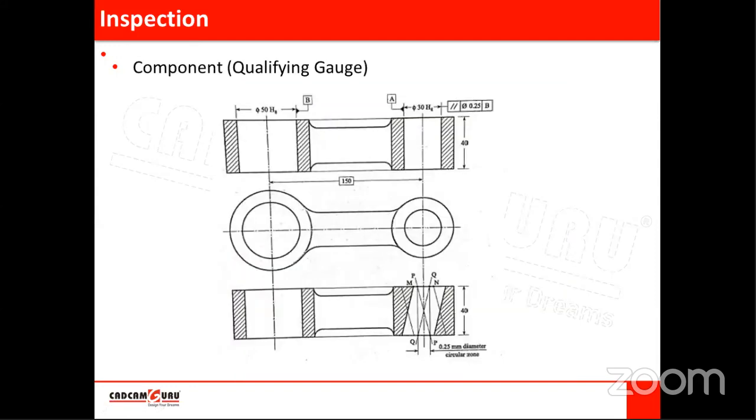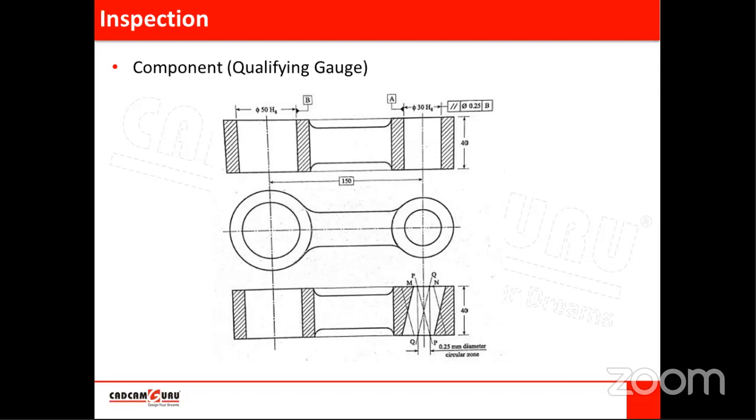Instead, we can have this qualifying gauge. You manufacture it once, and you can use it for thousands of components. A gauge costing around 100 or 150 rupees can be used for thousands of components, so the inspection cost gets divided. It's very cheap cost-wise.